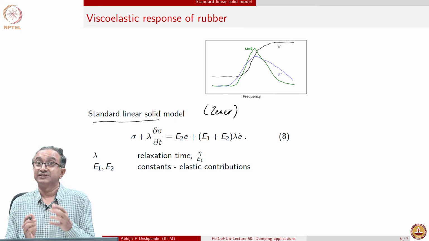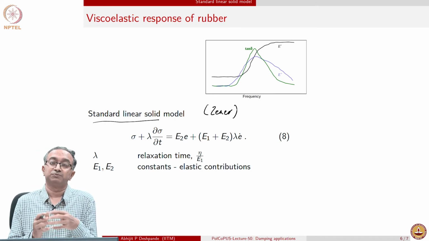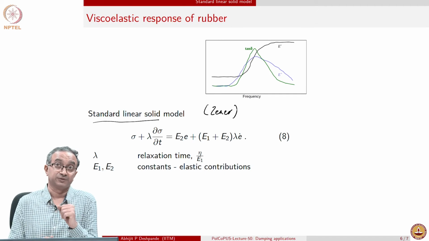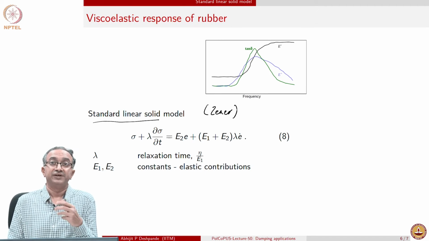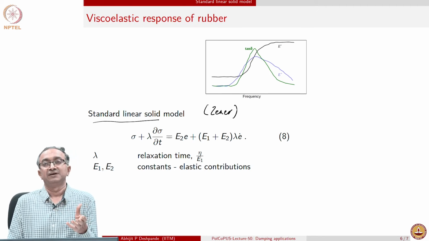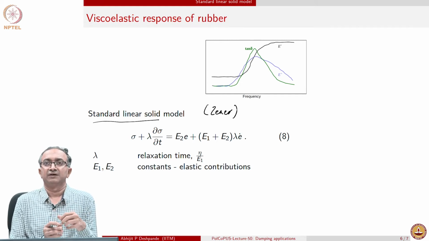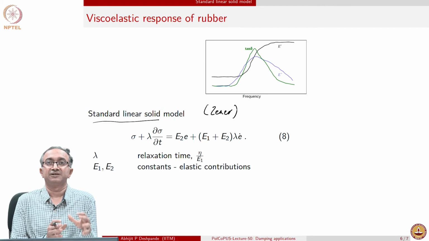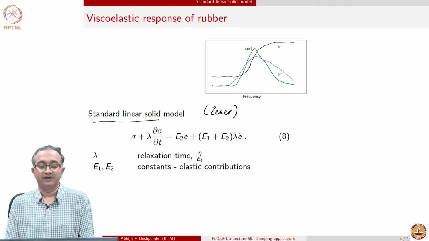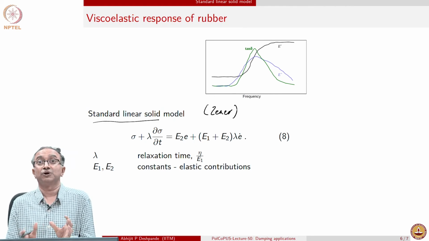If you recall my discussion related to the Maxwell model, it is more applicable for fluid-like response, and therefore creep cannot be explained. On the other hand, the Voigt model, which was again a very simple model, could be used for creep, but it could not be used for stress relaxation. So, the standard linear model does a good job with both of them.